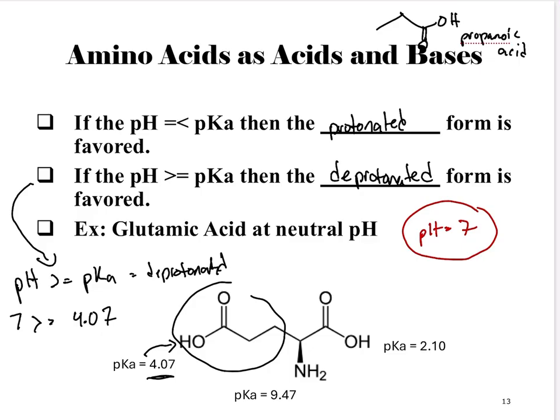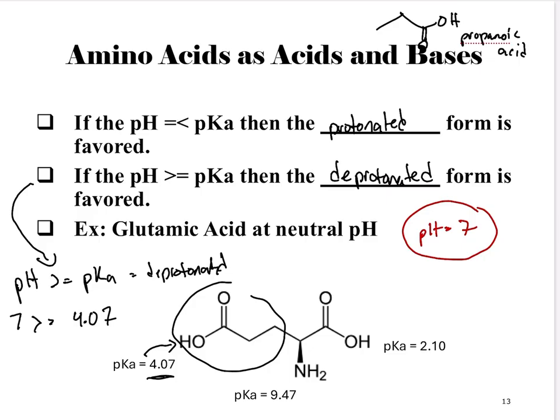So 7 is greater than or equal to 4, which means that the deprotonated form is favored. If we think about this, that means that the pH of the solution is higher than the logarithm of the equilibrium constant for that proton, which means to keep that ratio the same, it's going to get rid of the proton. It's going to put that proton into the solution.